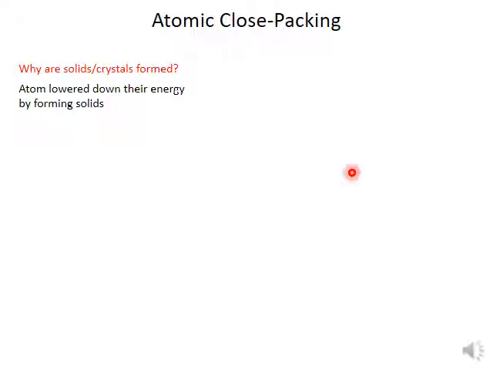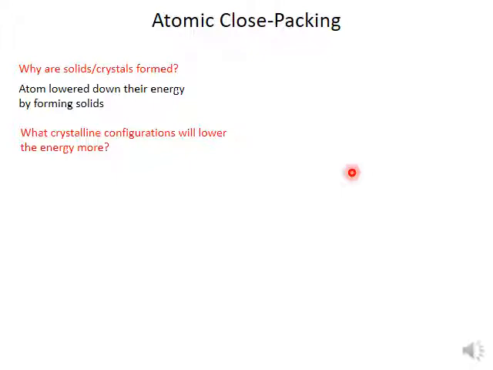Then the next question is, which kind of crystalline configuration will have lower energies than others? Lower energy would mean more stable atoms, more stable solids, stronger solids, or larger binding energy.